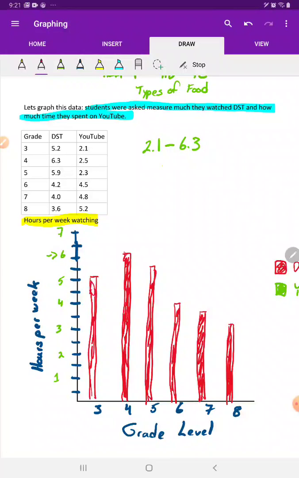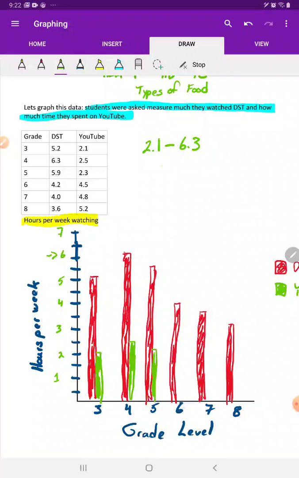Now I'm going to change color, and I'm going to go to this green, and now I'm going to go 2.1, which is right here. You see how those two are touching because they're both about grade 3? Then for grade 4, I'm going to go 2.5, which is right there. Grade 5, I'm going to go 2.3, which is down a little bit again, but a little more than the other one.